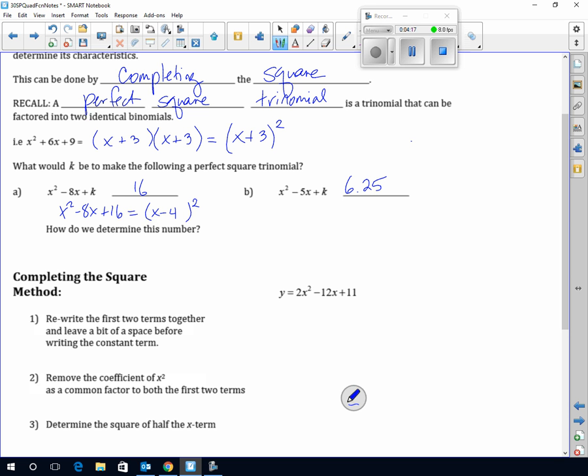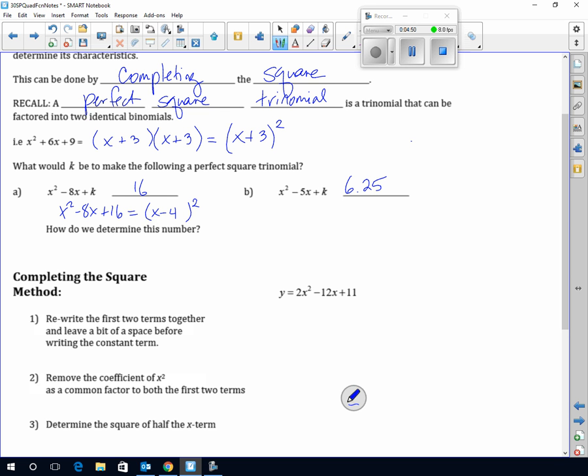Now, how did Ness get 6.25? You're close when you said half it, then you double it. If you half minus 8, you get 4, and you square it, you get 16. So this is how I assume Ness got this. He halved 5, and he got 2.5, and then he squared it to get 6.25.